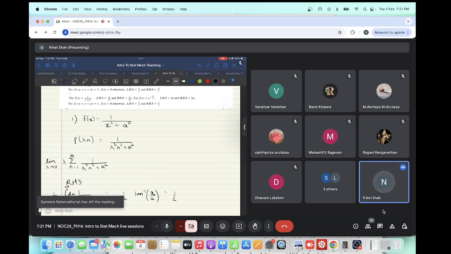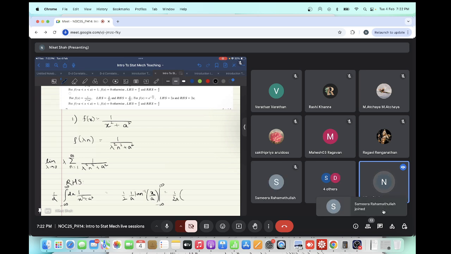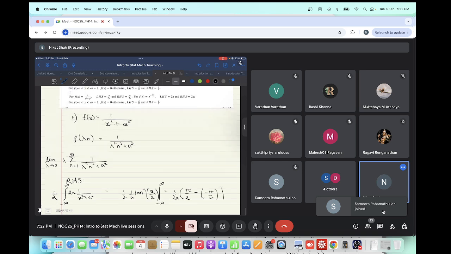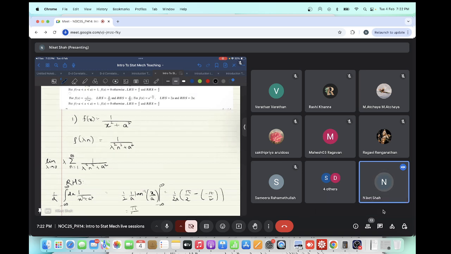Sorry, 1 by a tan inverse x by a. Right, the integral is 1 by a tan inverse x by a. So there is a half here, 1 by 2a outside, and infinity will give me pi by 2 minus minus pi by 2. So the answer is pi upon 2a.